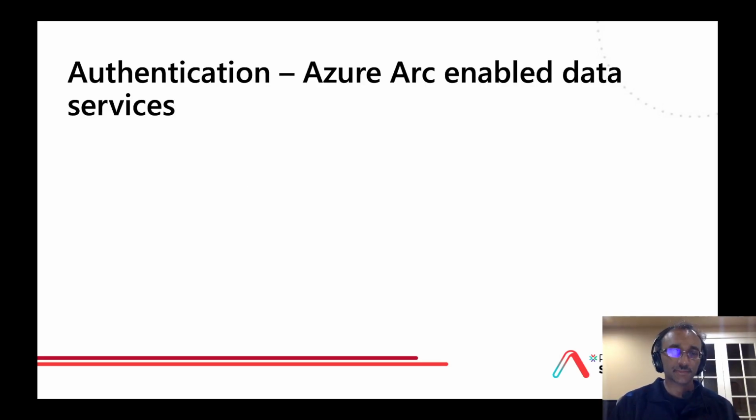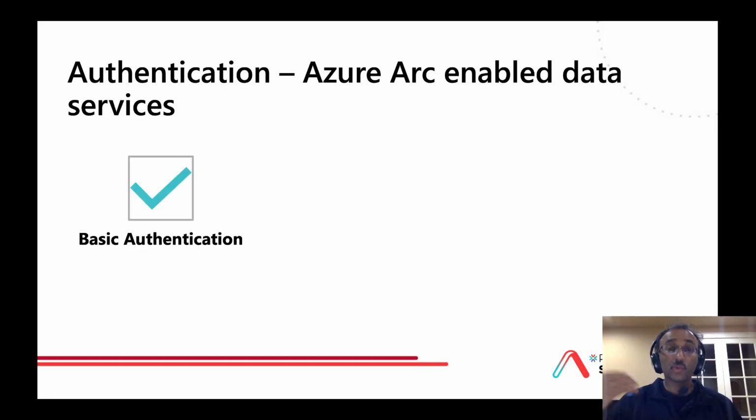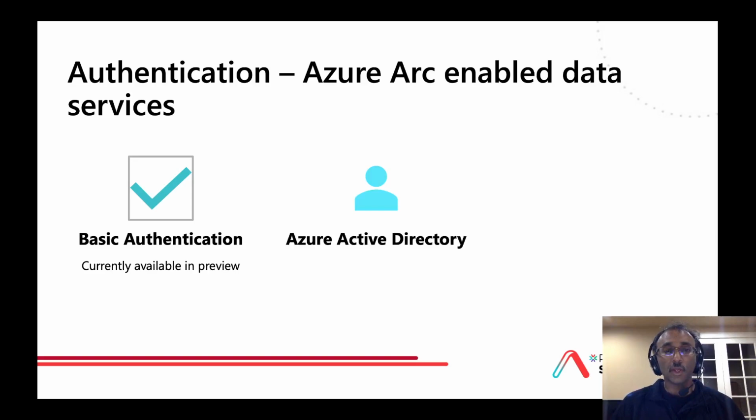Now, what about authentication? How you connect to these services. Basic auth will be there by default. This is something which is available in the public preview today. We are working on enabling Azure Active Directory for your SQL Managed Instance or your Postgres hyperscale instances.